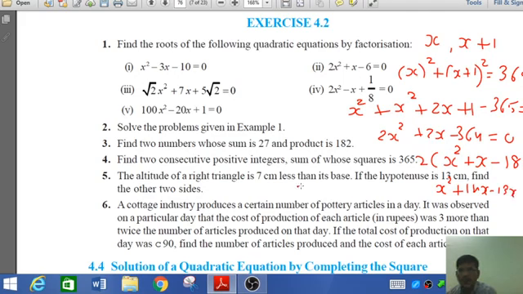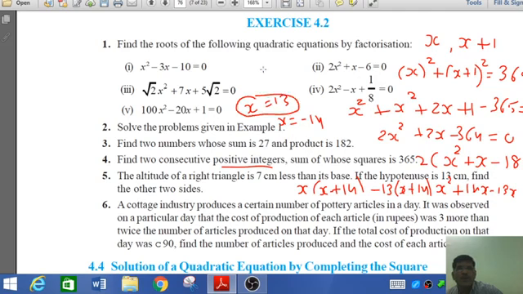So if I take x common, then x plus 14, and minus 13 I take common, then x plus 14. So the answer is x is equal to 13 and x is equal to minus 14. But here positive integers are there, so I have to write x is equal to 13 and 14. So 13 and 14 are the two positive integers.